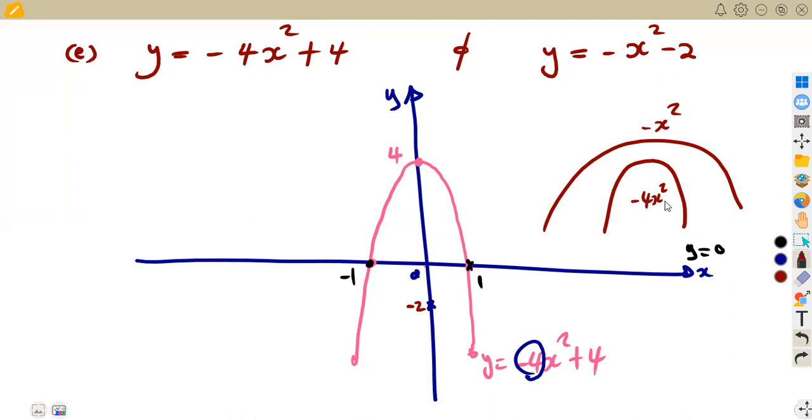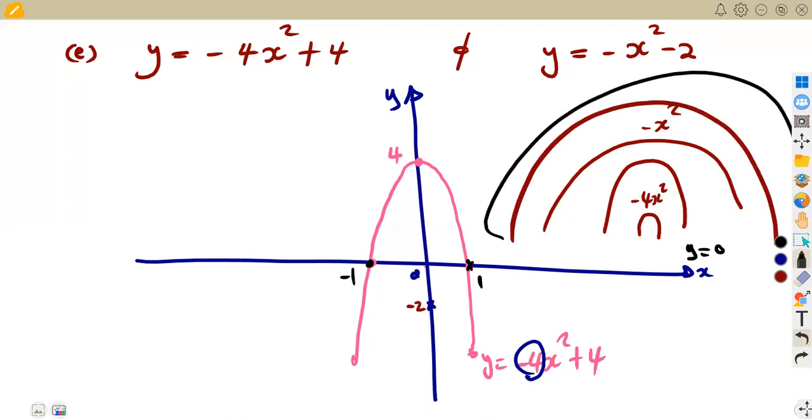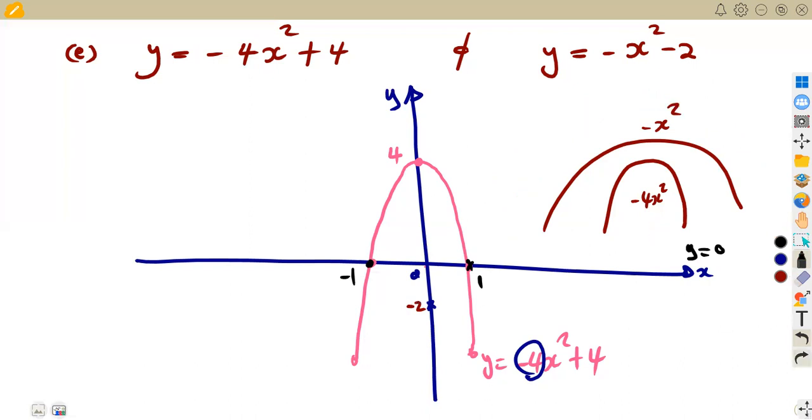Okay, the bigger the value, the smaller the curve, the closer the curve is. The lesser the value, that is becoming a fraction, and so on, the wider open the function is.